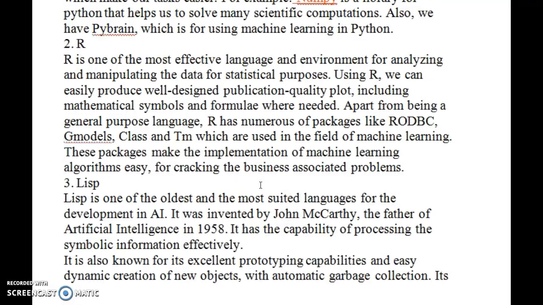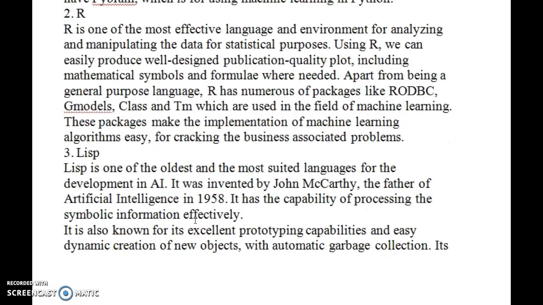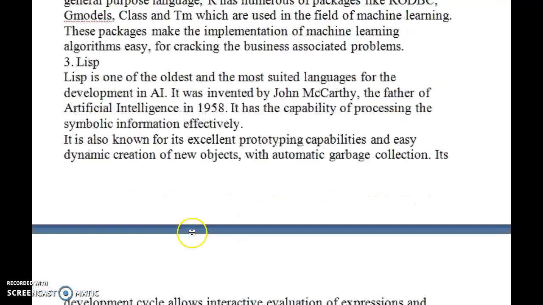Third is Lisp. Lisp is one of the oldest and most suited languages for development in AI. It was invented by John McCarthy, the father of artificial intelligence, in 1958. It has the capability of processing symbolic information effectively. It is also known for its excellent prototyping capabilities and easy dynamic creation of new objects with automatic garbage collection.